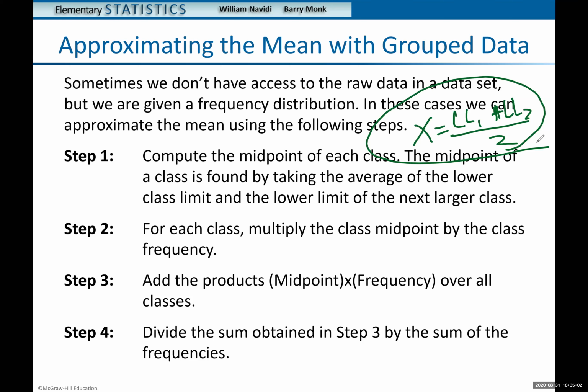For each class, I multiply the class midpoint by the class frequency. So after you have a column for x, so let's say class limits, then you have frequency. Then you know how to solve for the class midpoints, just like what we did last time. And then next is multiply f and x, the frequency and x.